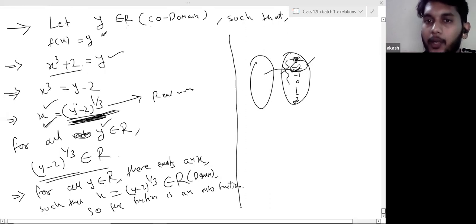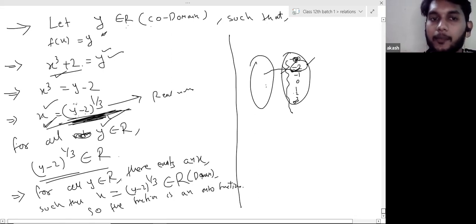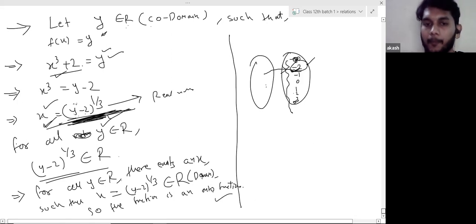For all value of y, there is an x such that if you put that in the function, we get y as the answer, right? And this is what this proves. No matter what value of y, there is always an x, which proves this is equal to this, right? So this function is an onto function. All right, I hope this is clear now.